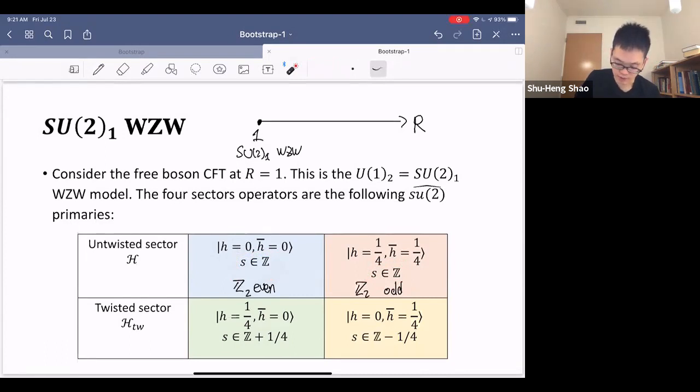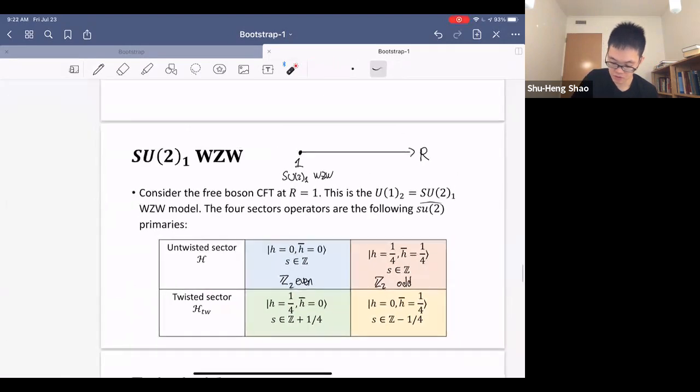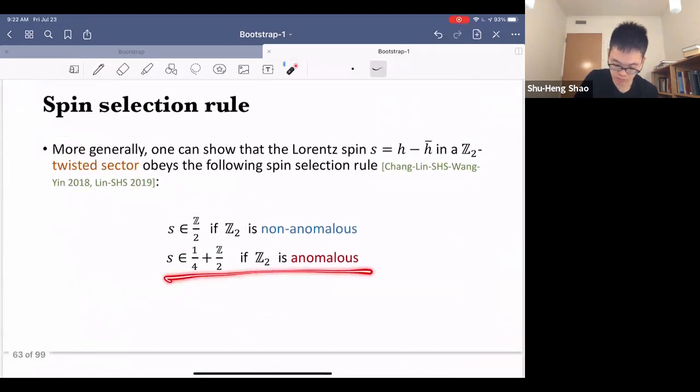In the twisted sectors, there are 2 modules. One of them has (1/4, 0), the other has (0, 1/4). Their spin is not an integer, rather they take this formula, and that's consistent with this spin selection rule that we saw.